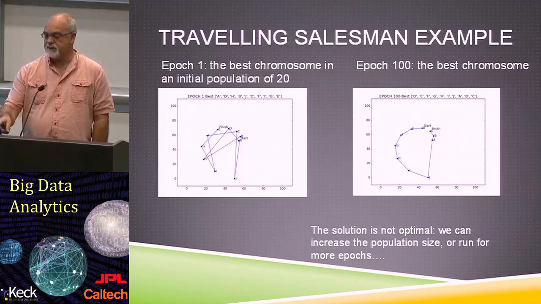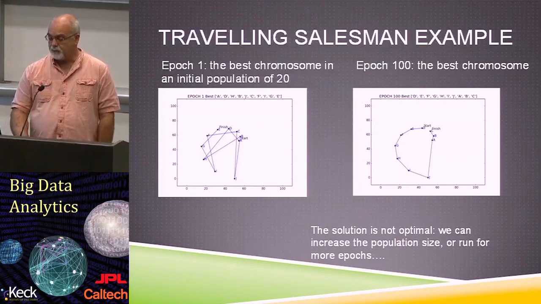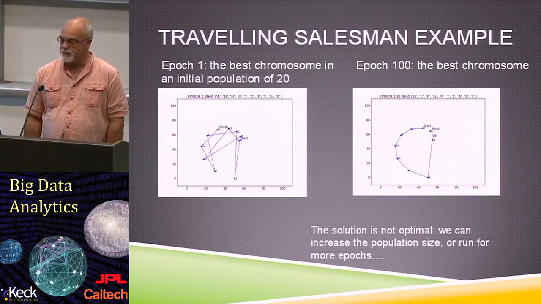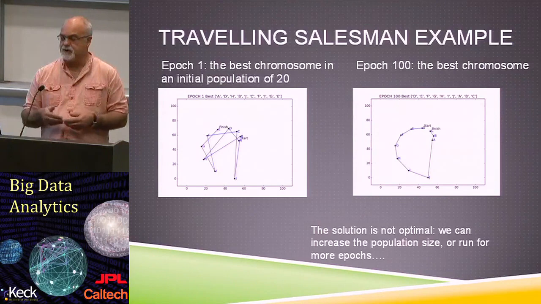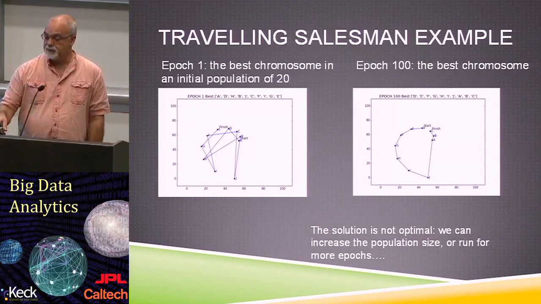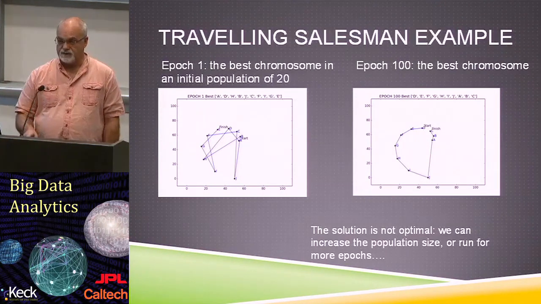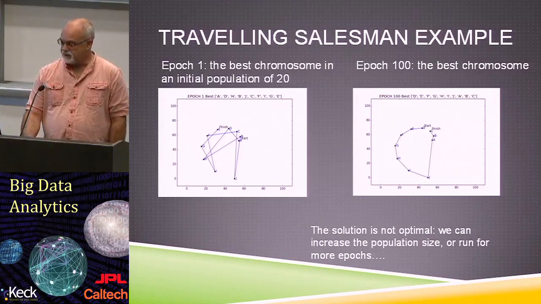And you can see that in this slide we've got a diagram of the best chromosome in an initial population of 20 chromosomes. These are 20 chromosomes which are generated completely at random. And in this particular population, the best chromosome is showing a really rather silly path through the cities.